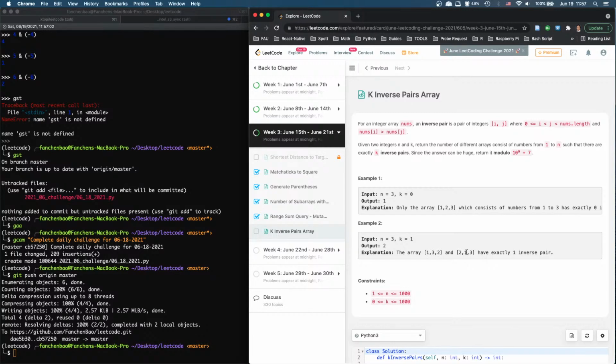Let's do 1, 2, 3, 4. If I'm 1, then everything has to be increasing after it, right? So we cannot put the largest value just anywhere.